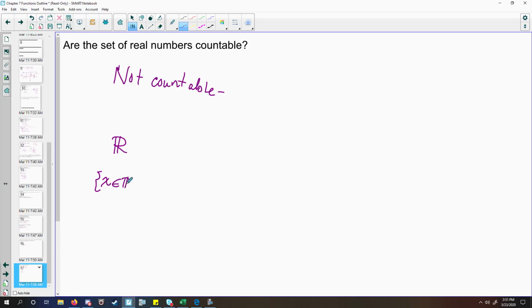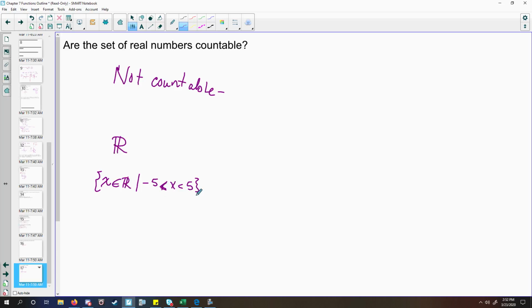So if x is a real number such that it's bound from, let's say, -5 to +5. So just between -5 and +5 on the real number system, you have uncountably infinitely many numbers.